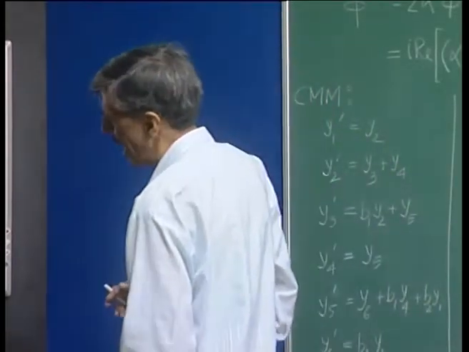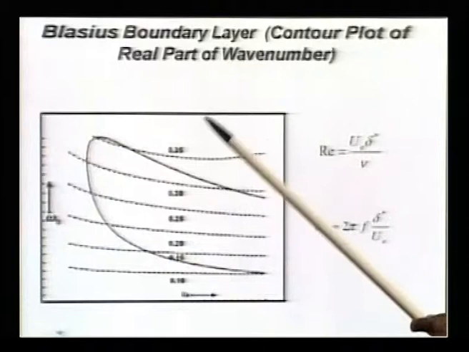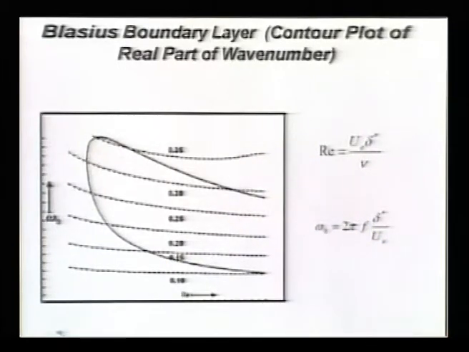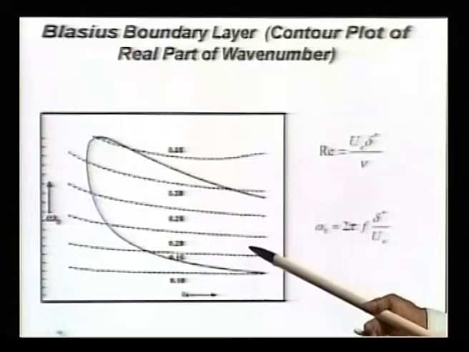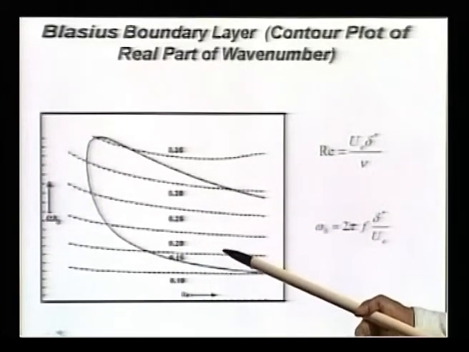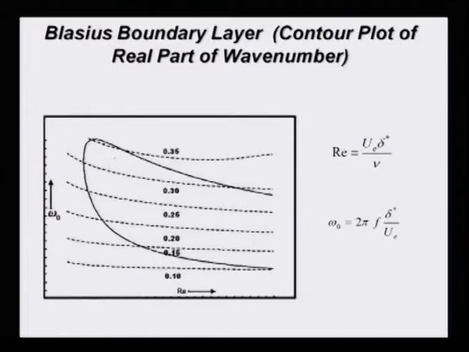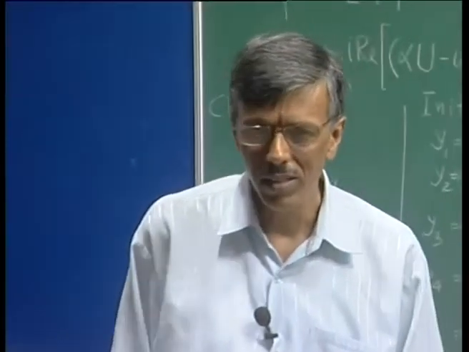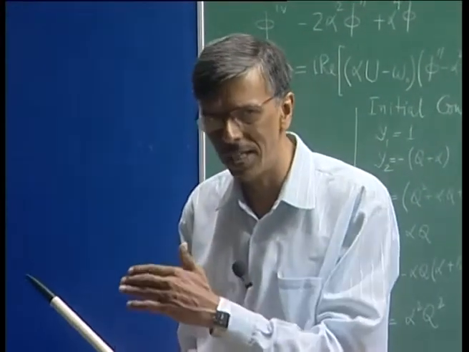What we notice is that if I follow a constant frequency disturbance, it migrates from one constant alpha r value to the next. If this variation is gentle, then what are we going to see in terms of the disturbance profile? That it is slowly going to adjust itself to the local condition.